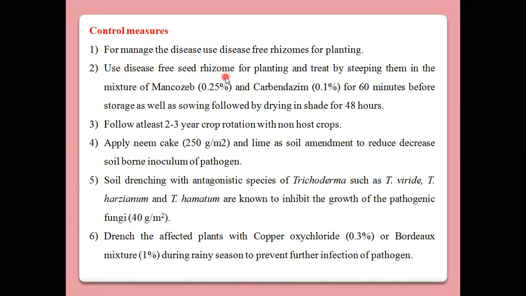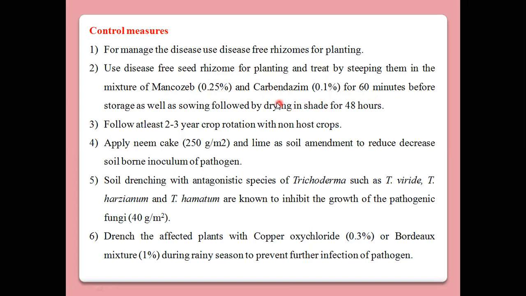So before the actual planting or selection of rhizomes, consider some points: the rhizome should always be disease free from the rhizome fields. Then these rhizomes should be dipped in already prepared fungicide solution, that is carbendazim solution or mancozeb solution, for 60 minutes, meaning 1 hour.